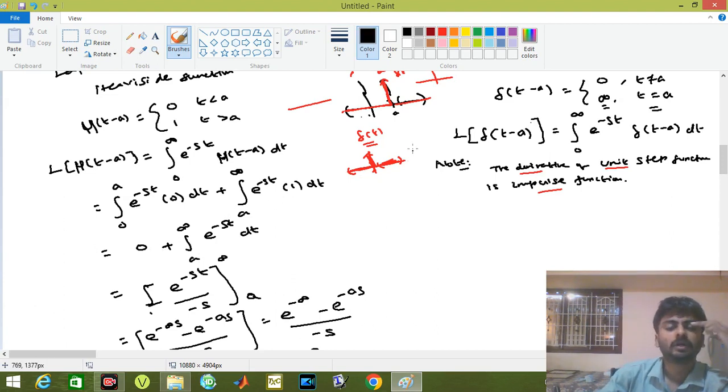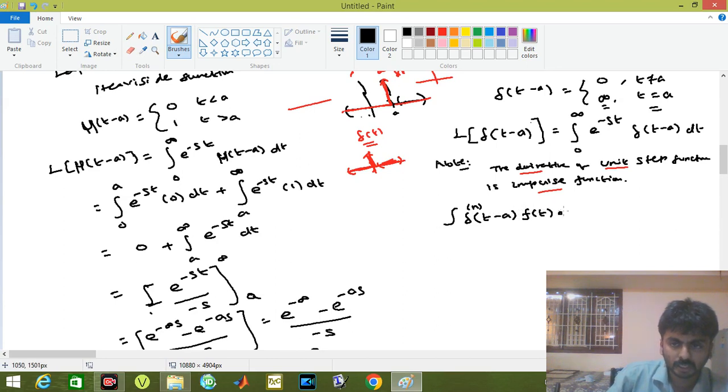Also, there is a special note that for any integral, irrespective of the limits, the integral of the nth order derivative of delta of t minus a, into f of t dt, can be written as minus 1 power n times the nth order derivative of f of t, evaluated at a.